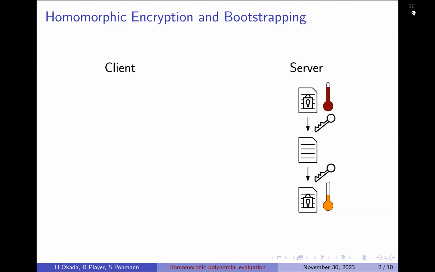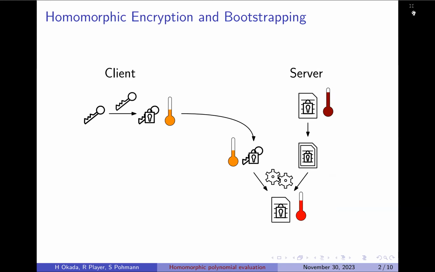Clearly, the server can't get the secret key, but what we can give the server, what we believe we can give the server, is an encryption of the secret key. So the client has a secret key and encrypts the secret key using the secret key. This gives a low noise encryption of the secret key, which can be passed to the server, or at least we believe so.